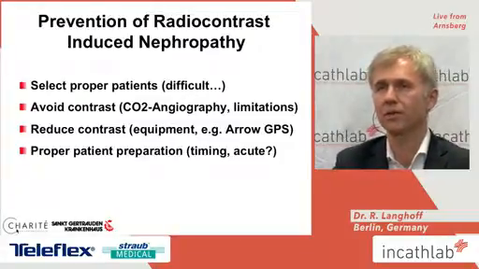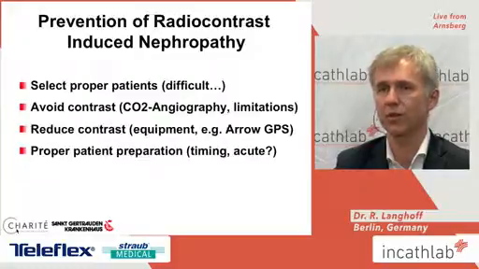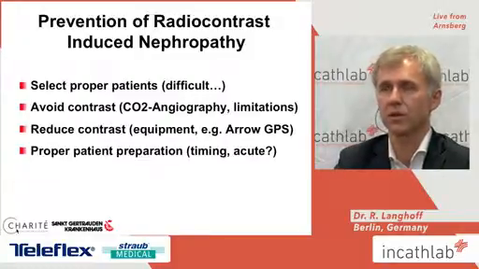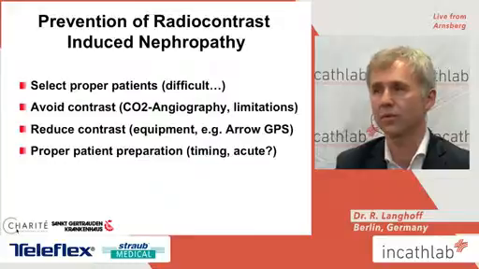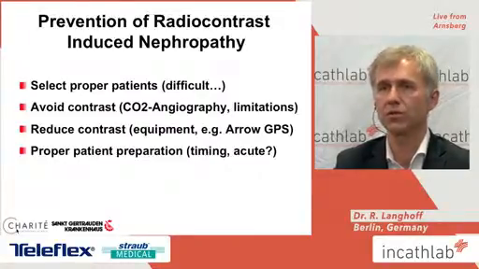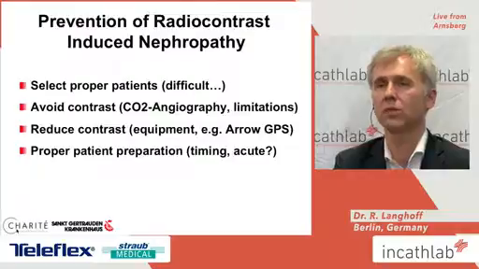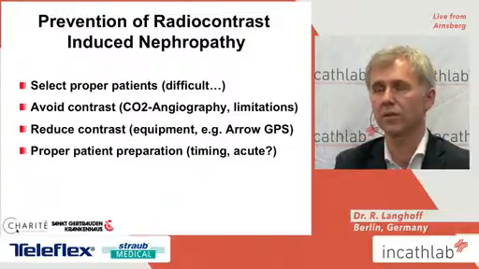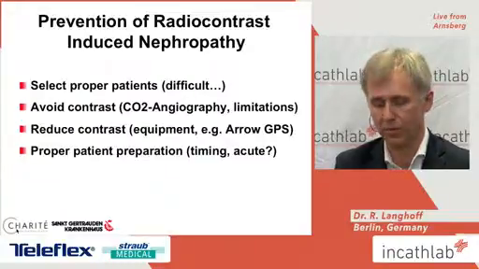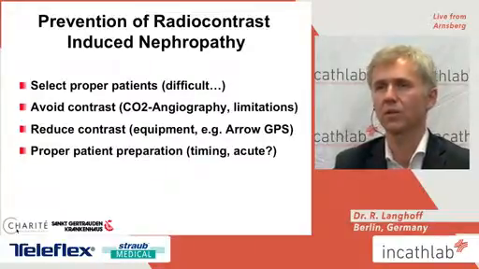To prevent this radiocontrast-induced nephropathy, I think we have to select proper patients, which is difficult because they come and they just have their problems. We can avoid contrast by using CO2 angiography, which still has some limitations, because especially in below the knee arteries you cannot really optimize your imaging, even if you have the machine, and probably you have to use more radiation.